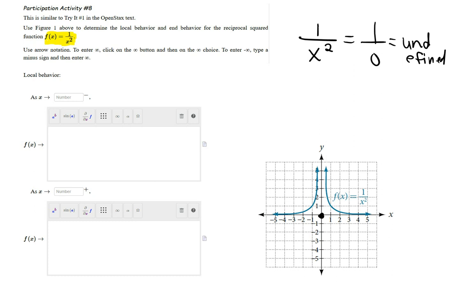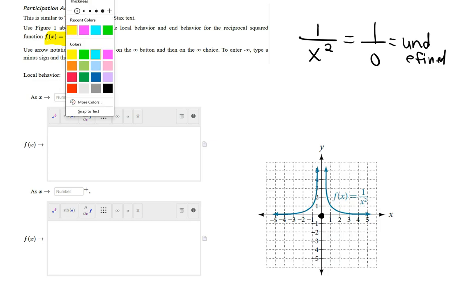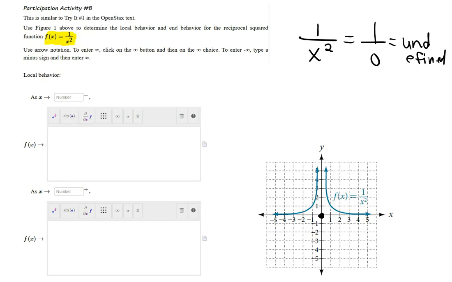When you're moving along the x-axis and getting closer and closer to x being 0, your graph starts to move away from the x-axis and run along the y-axis.